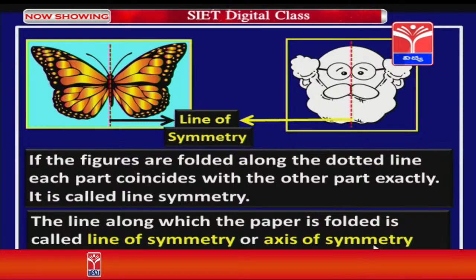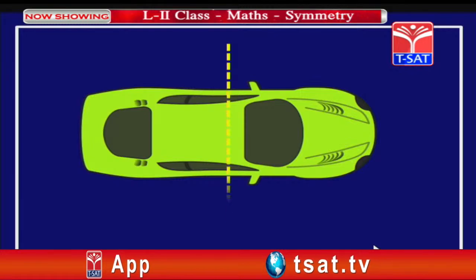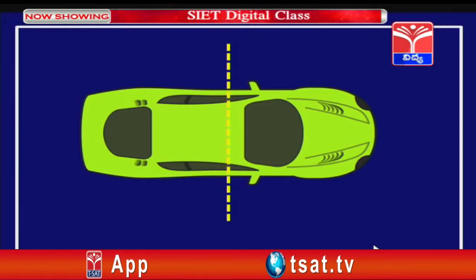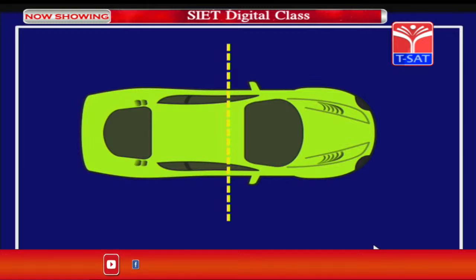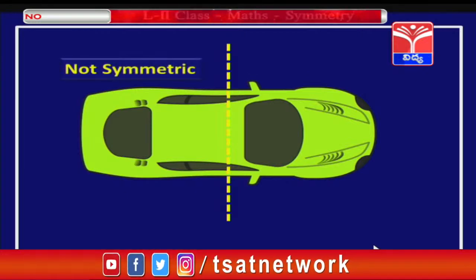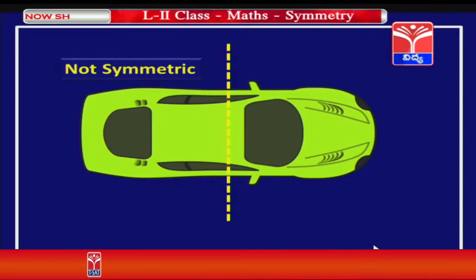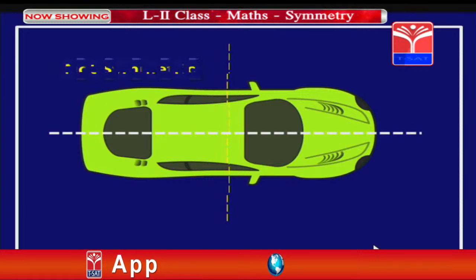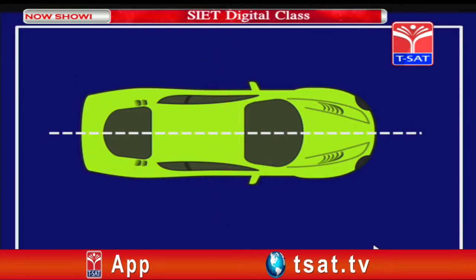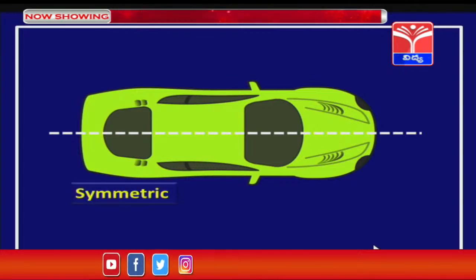So, children, now let us consider a car. If I draw a line like this and fold along this line, do both parts coincide exactly? No, that means they are not symmetric. Now, let us draw another line like this and fold along this line. Yes, they exactly coincide. I can say this is a symmetric figure.